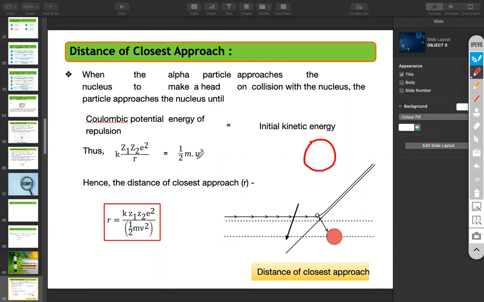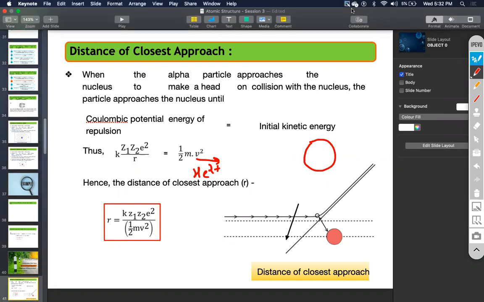My question is, if you bombard the helium-2 plus ion, will its kinetic energy become zero somewhere when it reaches towards the nucleus? Yes or no? Very good. Anyone else?